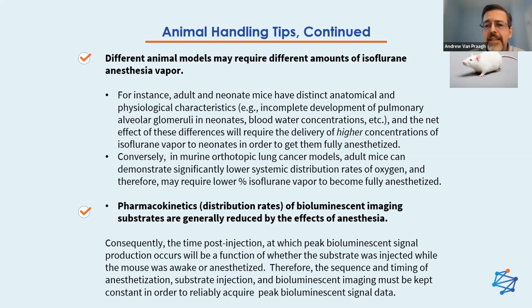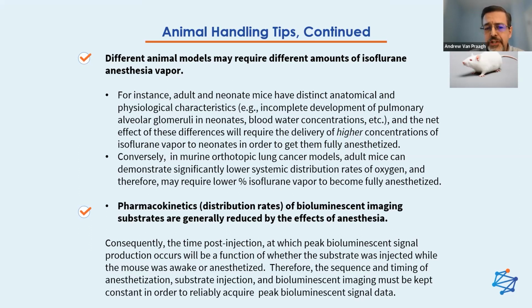There are various anatomical features and physiologic realities of neonate mice that cause them to actually be harder to get underneath anesthesia. The lack of full pulmonary alveolar development and various changes in blood water content in neonates makes it so that you will have to raise from the standard 2.5% isoflurane gas to a slightly elevated rate or concentration.